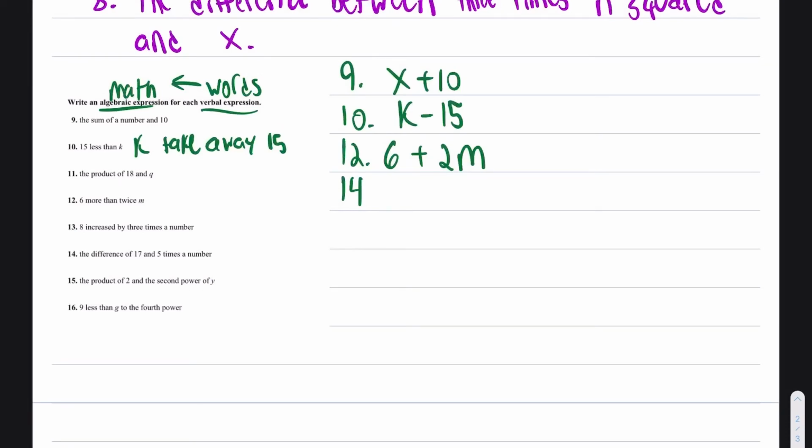Whenever they put the difference of, that means that the first number goes first. Whatever immediately comes after is going to be first, and then whatever comes second is going to be second. So we have 17 minus 5, and then it says times a number. So that means that 5 has a letter, and I'm putting n for number.